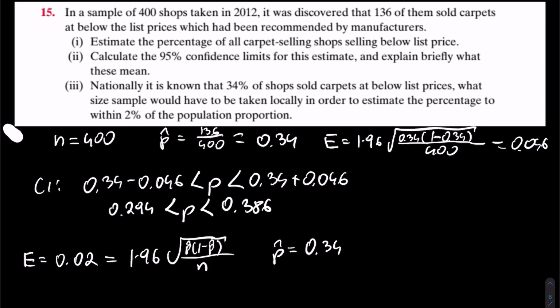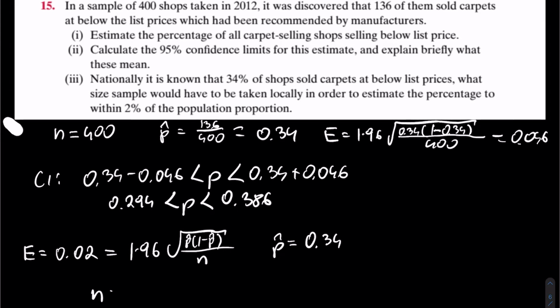So we want to solve this equation to find the value of n. When I do my transposition, I'm finding that n equals 1.96 squared multiplied by p hat times 1 minus p hat, all divided by e squared.